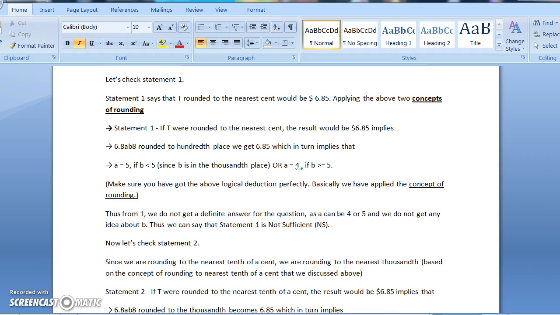Let's check Statement 1. Statement 1 says that T rounded to the nearest cent would be $6.85.